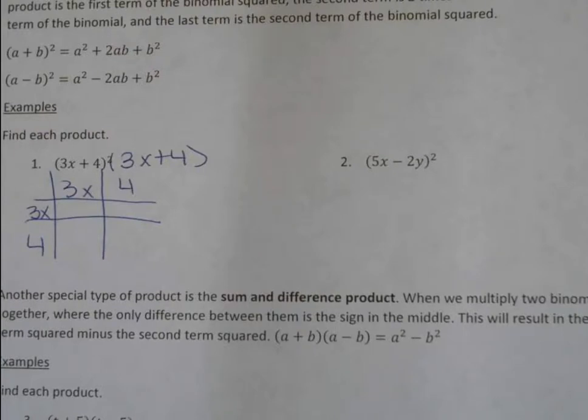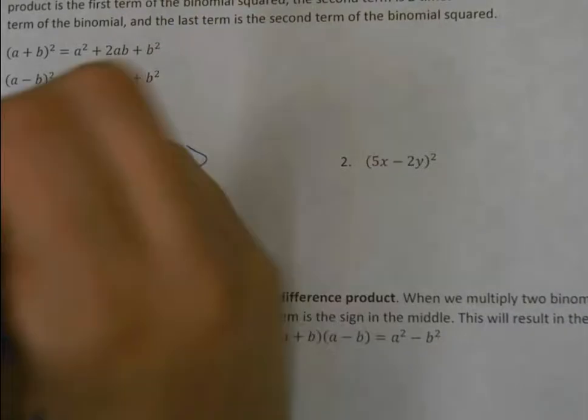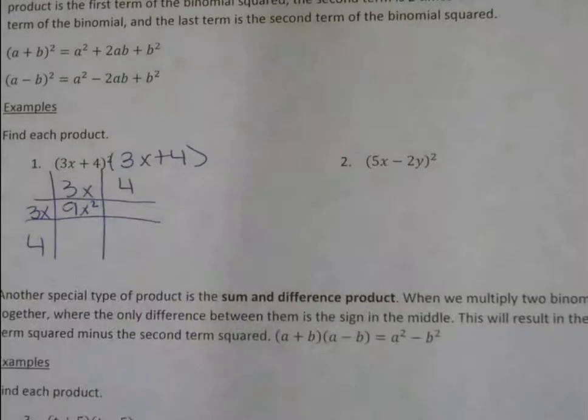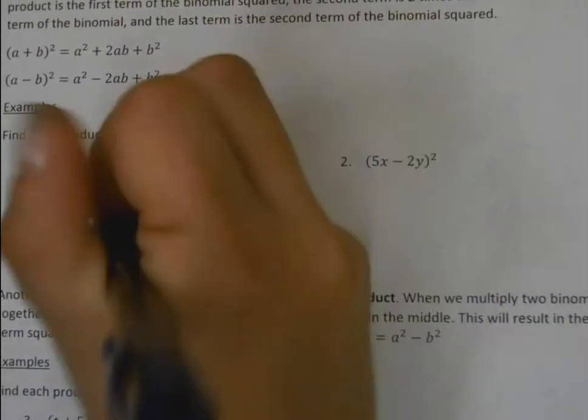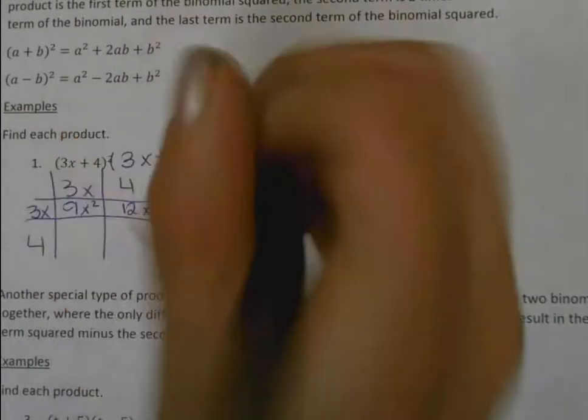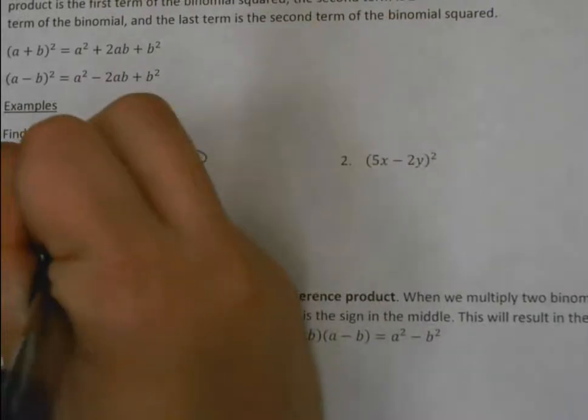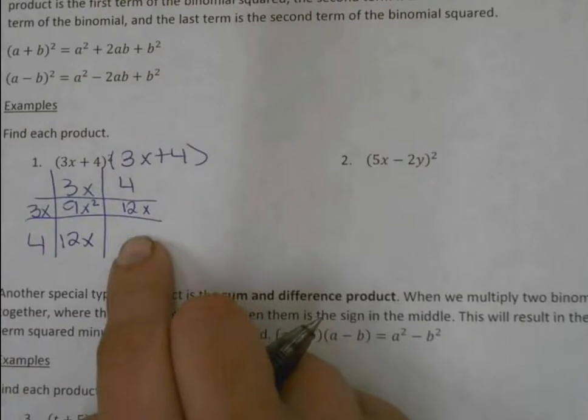What goes in my first box? What is 9x squared? What goes in my second box? What goes here? Just 12x. And then here? 16.